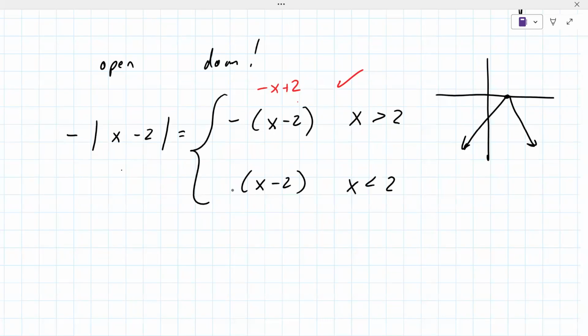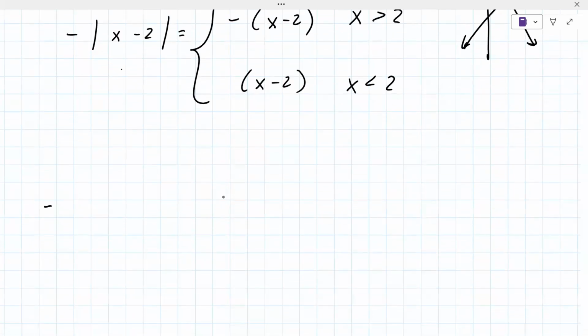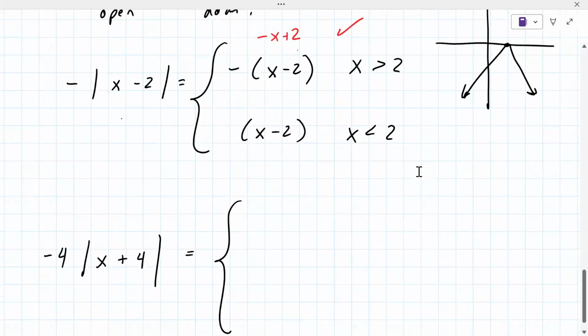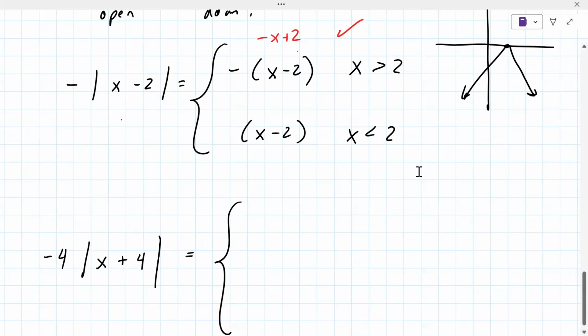Okay, so just to see if you've got it, let me put a new problem up here. I want you to figure out what goes over here to the right. I'm going to step away for 30 seconds or more. I'll be right back to check on you. Let me scroll up just a tiny bit so you can see it. All right, be right back.